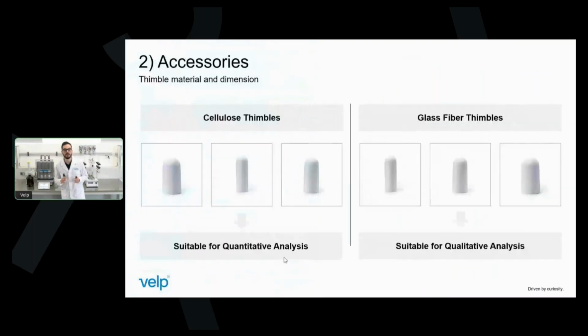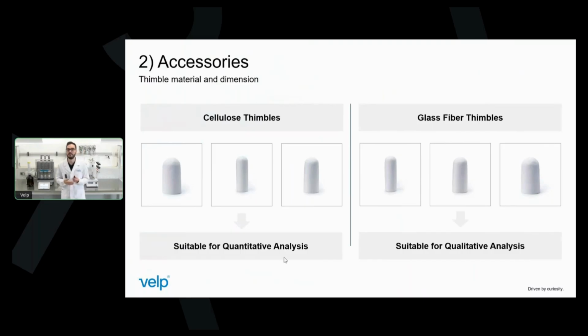We offer different accessories for our solvent extraction. We have two types of thimbles, the cellulose ones and the glass fiber thimbles, that can be used for two different analyses. The first one can be used for quantitative analysis, the analysis in which we extract the fat from our matrix and we quantify the fat on a balance.